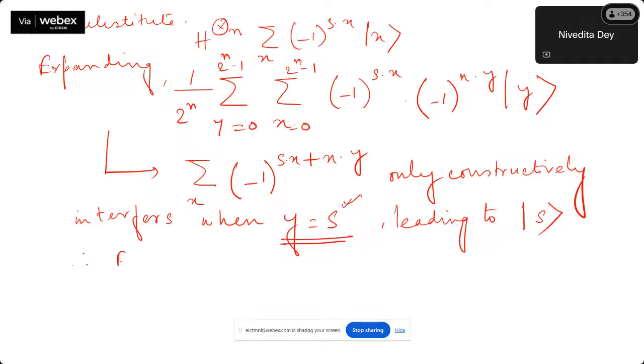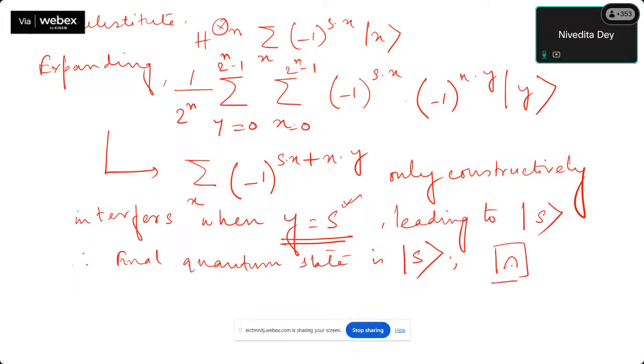Therefore, we can say the final quantum state is get s. And now if we apply a measure gate on s, we will obtain the secret string.